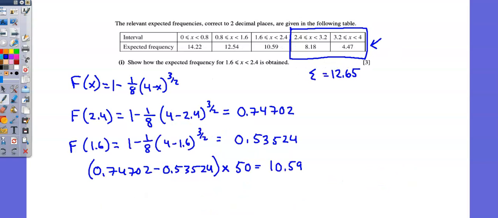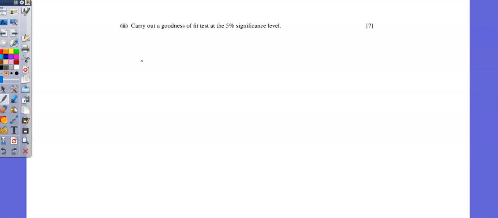Let me set up a table that I can use for completing requirement 2. I have 1, 2, 3, 4 categories. I've been given observed values and expected values. So I'm going to bring those over and then we'll work with them to calculate the chi-squared statistic.